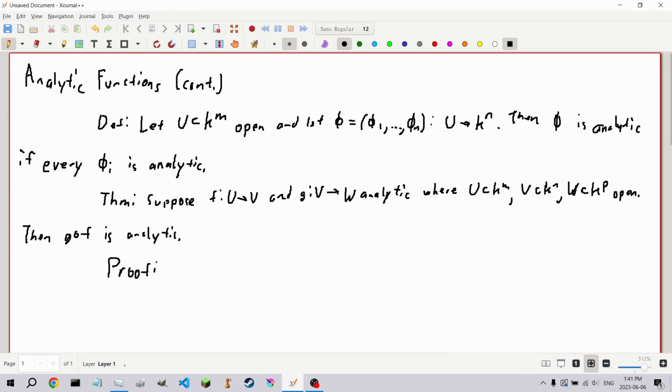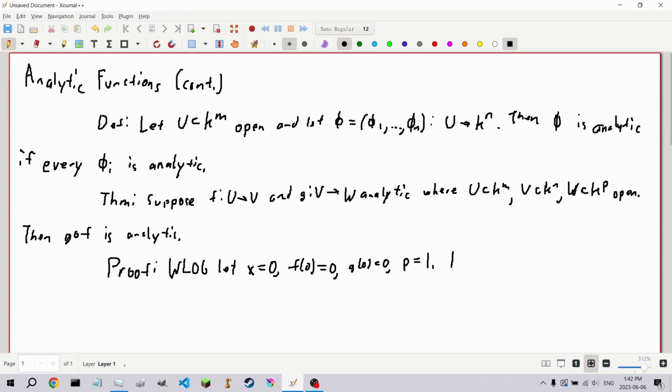So we can assume, without loss of generality, let x be 0, f of 0 be 0, and g of 0 be 0. And we can just assume p is 1, and for higher dimensions, you just go dimension by dimension, component by component, and you should get the same thing still.